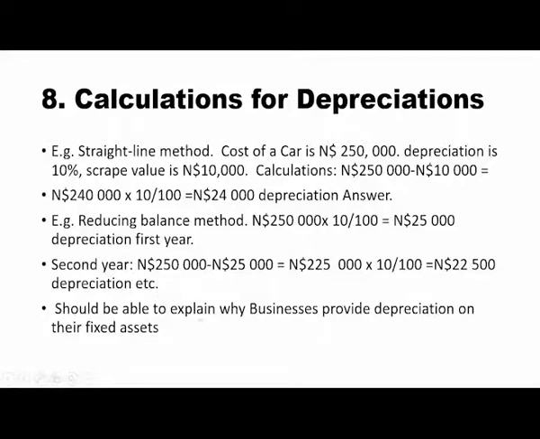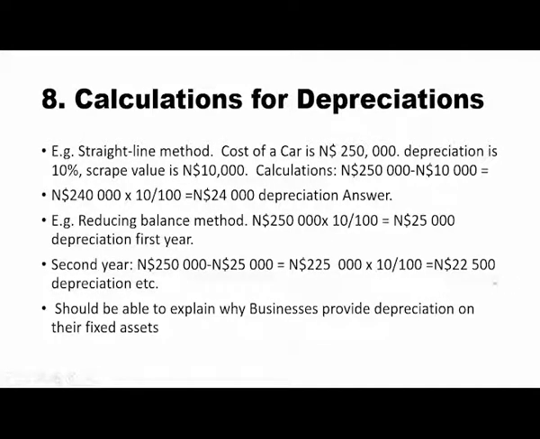You see now, using the reducing balance method, our first depreciation is 25,000. But now look at the second year. It has decreased from 25,000 to 22,500.